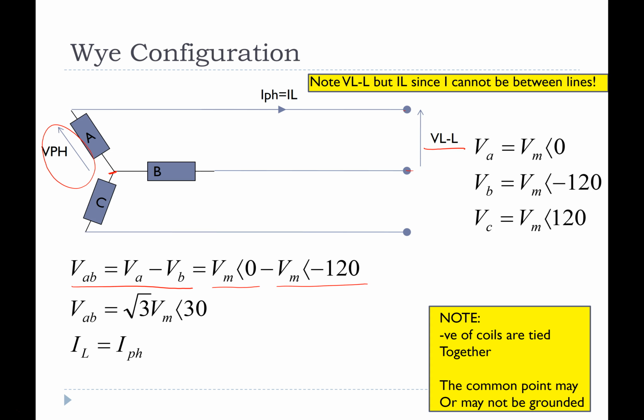So if it was VBC, VB, which is minus 120, we would get 30 degrees ahead of that, which would be minus 90, which is the straight line down here.